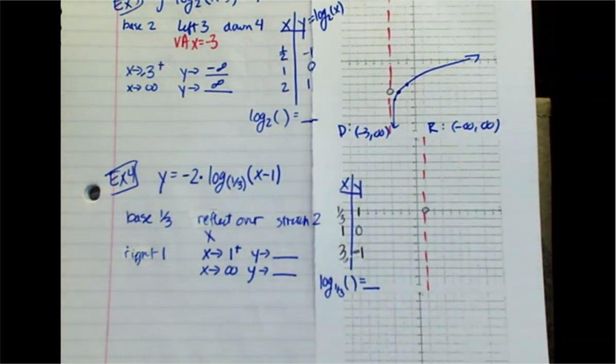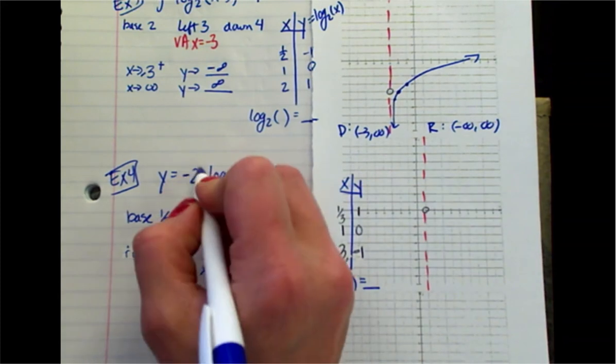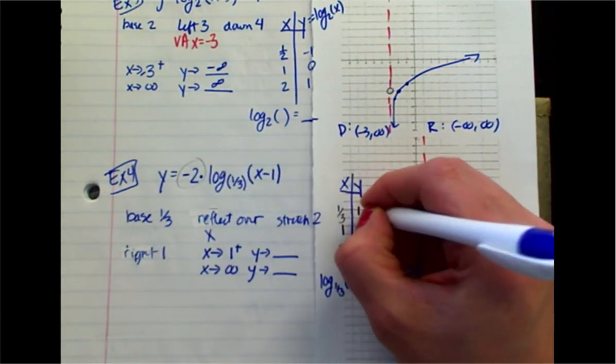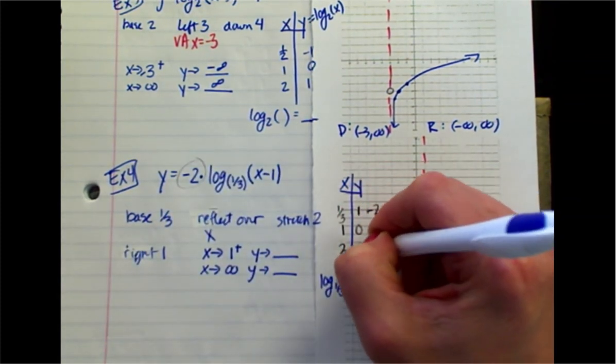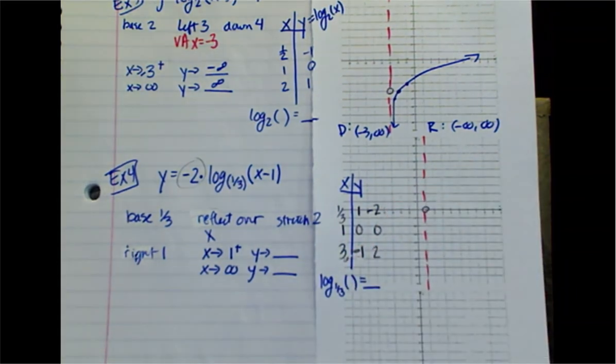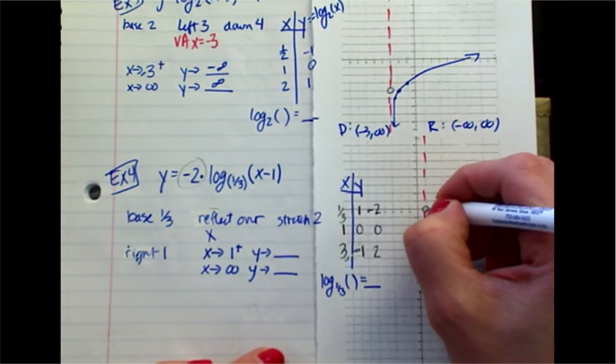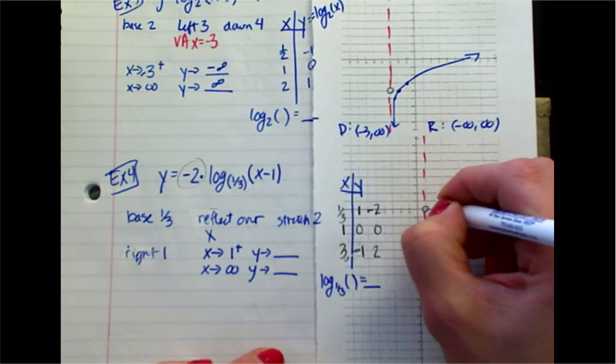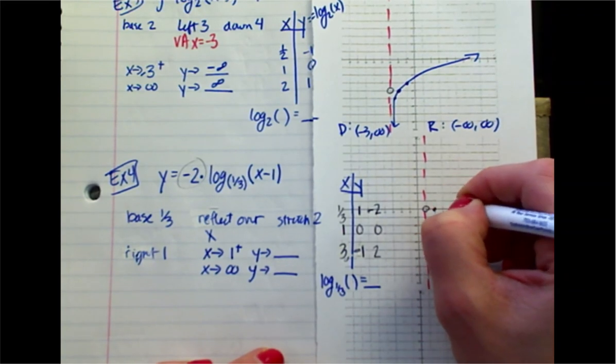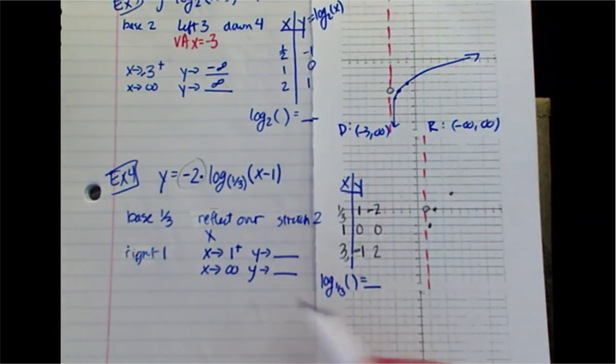You should do your x values in order. And then I times by -2. Okay, so 1/3, -2. 3, 2. Notice that these points you have to count from the center of the graph.